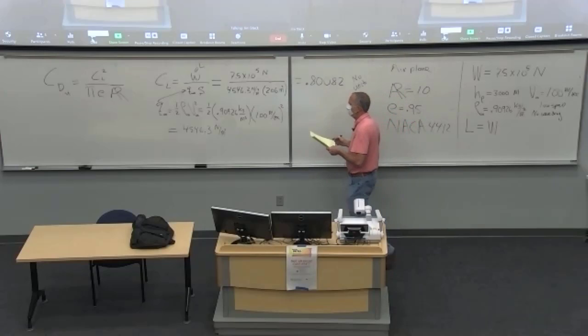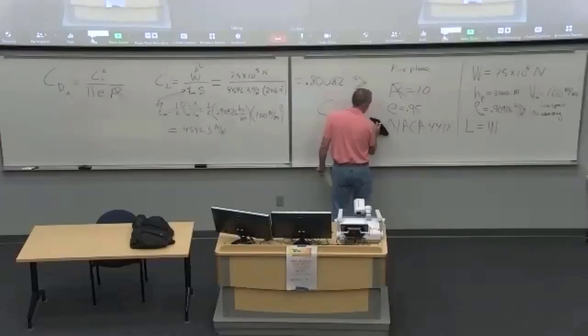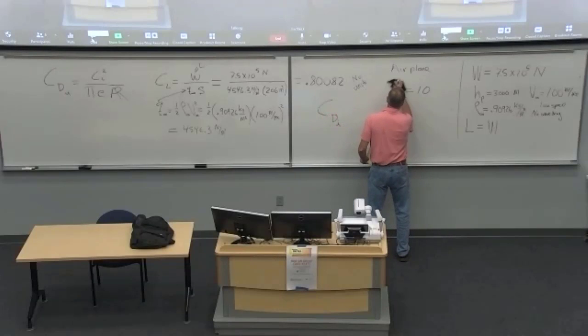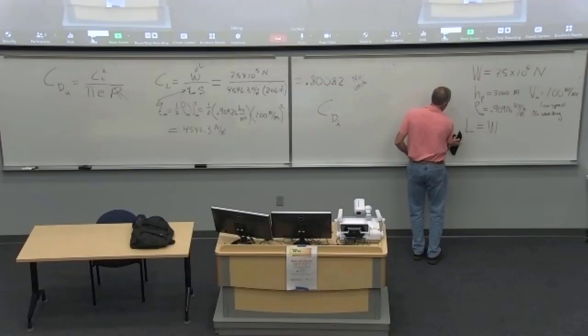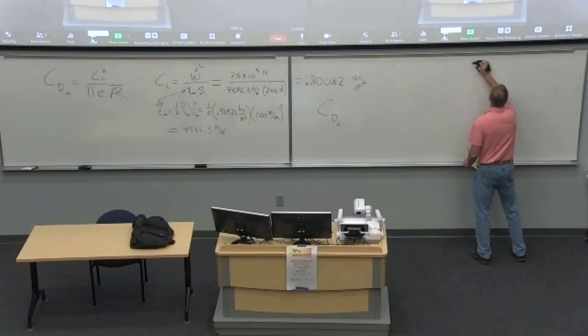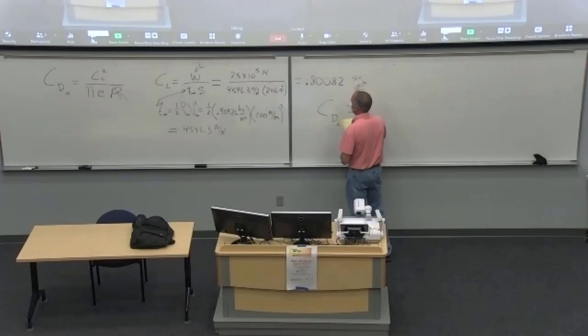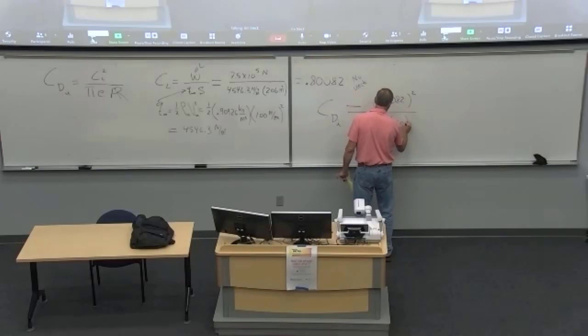So then we can calculate the induced drag. We plug that into the formula. So CD induced is CL squared, so 0.80082 squared over pi, 0.95 is E. The aspect ratio was 10, yeah?